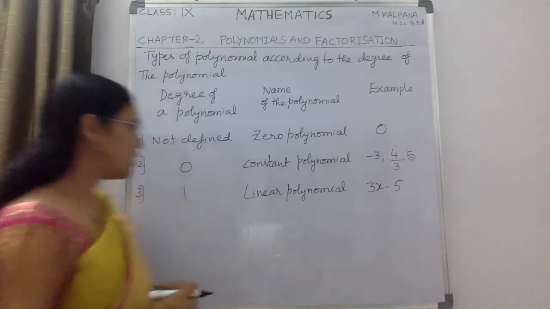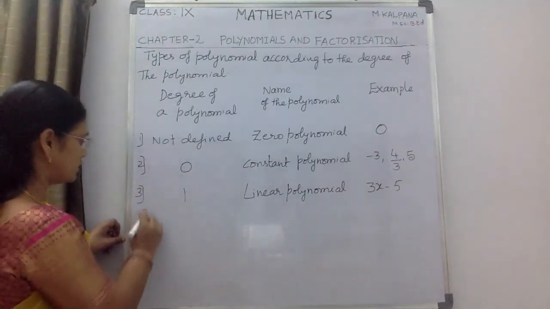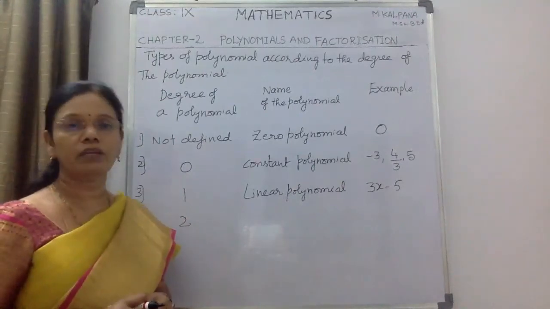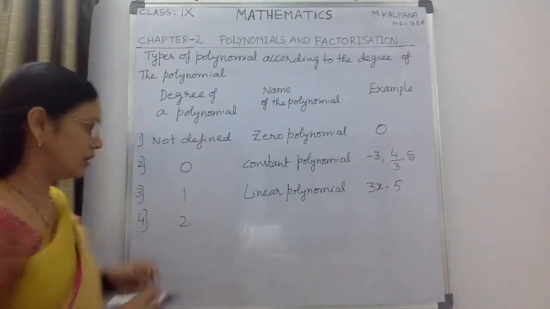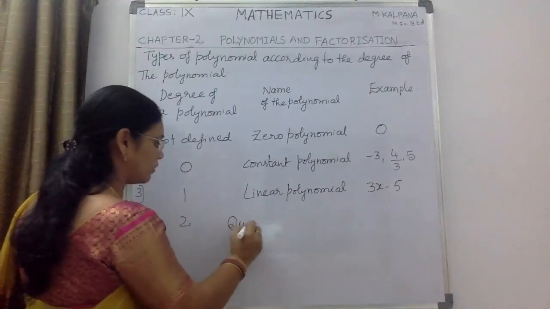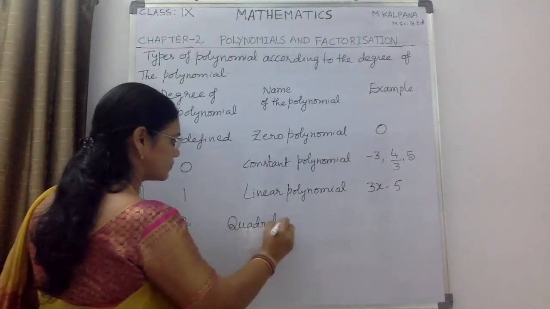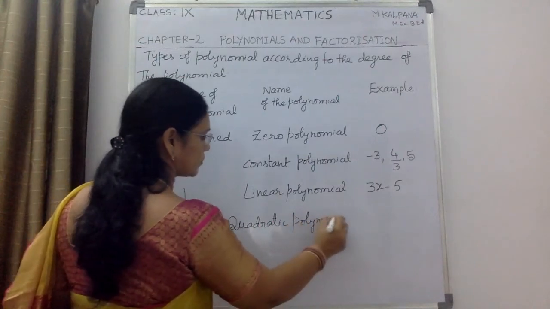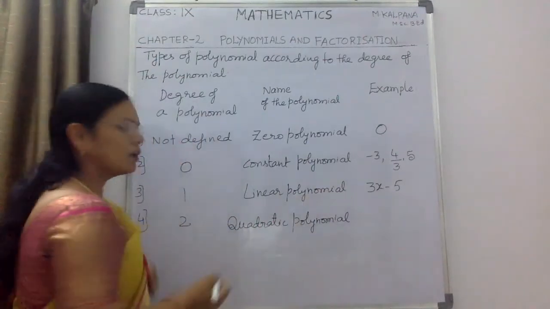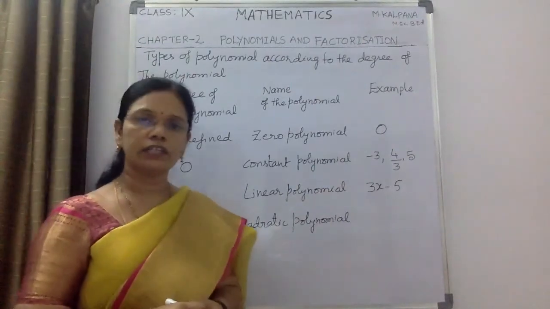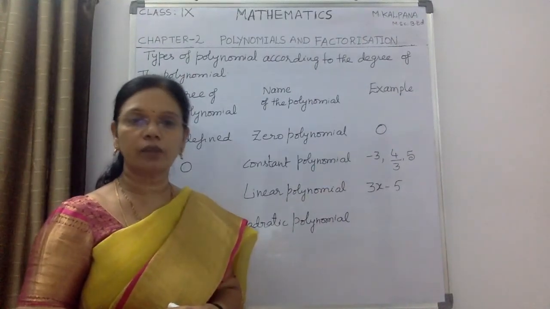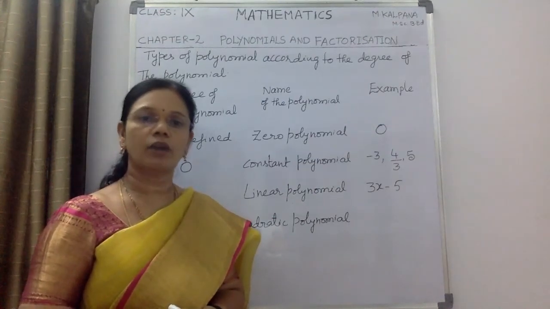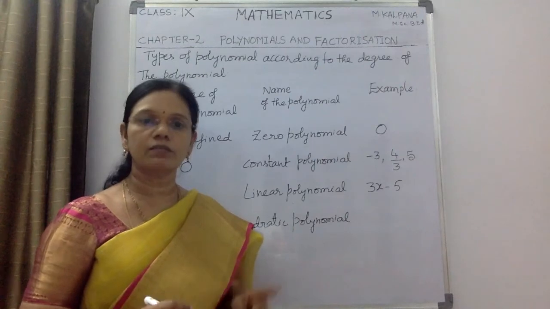Okay, children. Now let us write the degree 2. A polynomial with degree 2 can be named as quadratic polynomial. Quadratic polynomial means the degree of that polynomial should be 2, that is, the highest degree among all the terms of the polynomial must be 2.